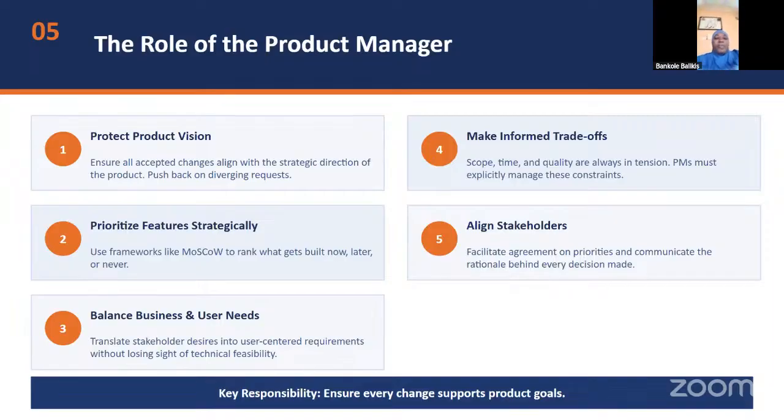So the product manager ensures that every change supports the product's goals, which is connecting users, travelers, our users in this case, to homeowners. Okay, so in the next slide, please.